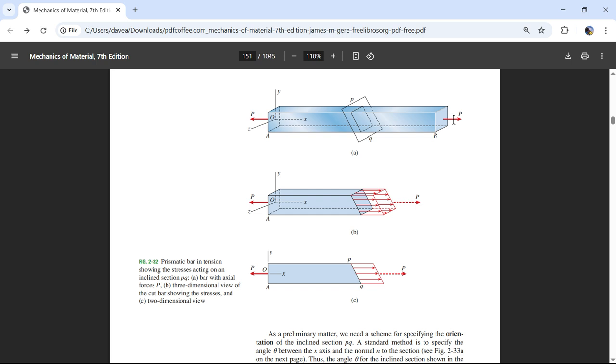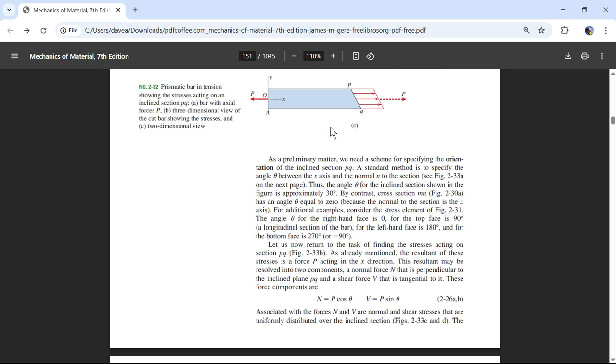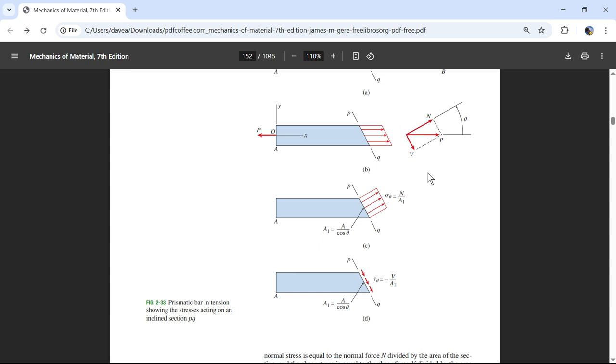So here's a bar, and if it's made of steel, it can take a tension of 58,000 pounds in the normal direction. But in the shear direction, it can only take half of that.